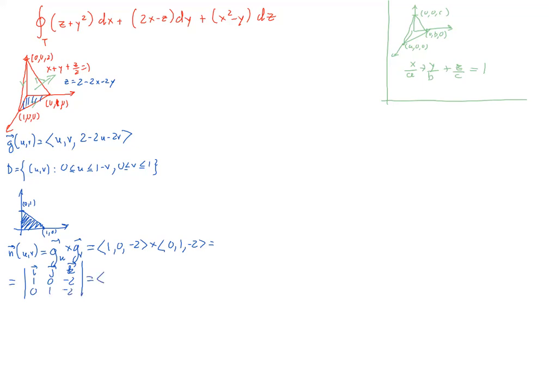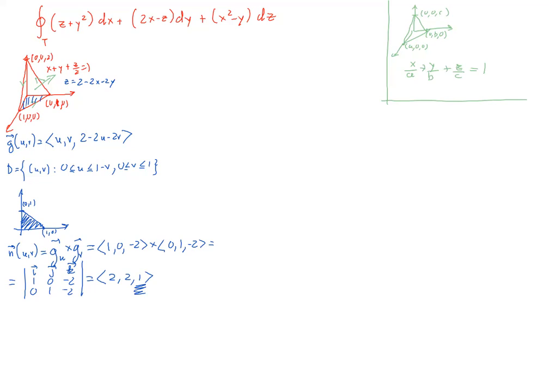So this will give us (2, 2, 1). And we can see that the last coordinate is positive, which means that it's compatible with our orientation.